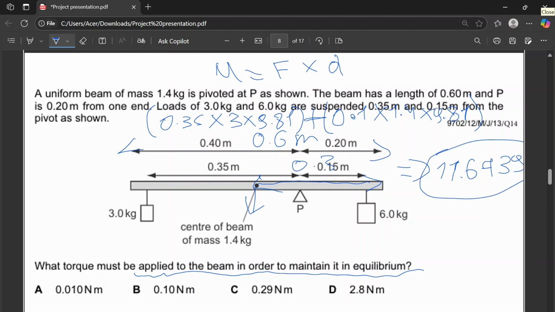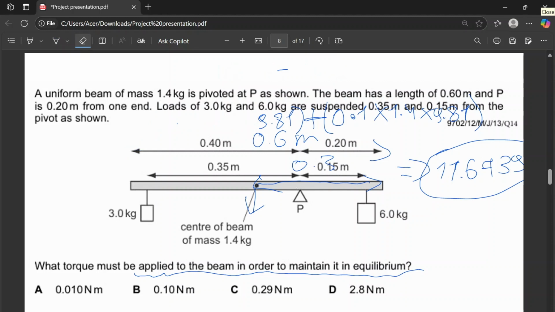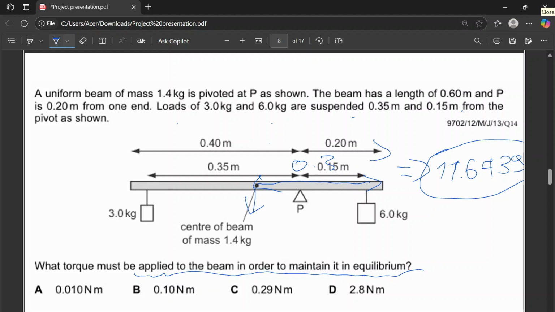Now it's time for us to find the other side so that we can equate them and find how much force we need to apply. Now let's find this one. As you can see, there's only the weight we have, so we will just multiply 6 times 9.81 times 0.15 meters, so that we can find out the other side of our moment.